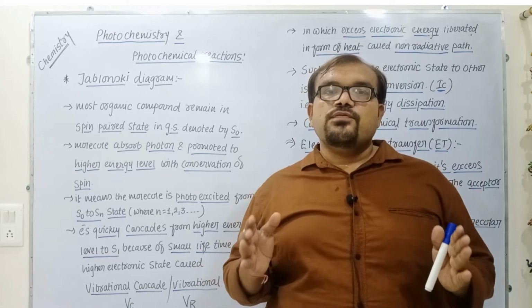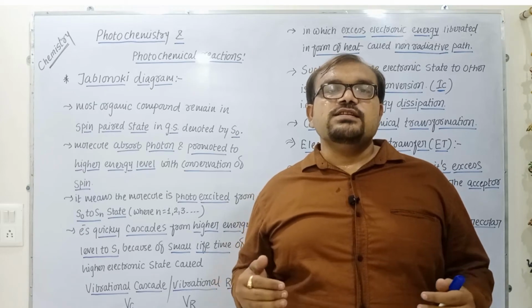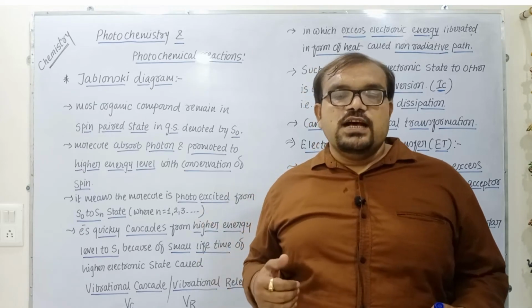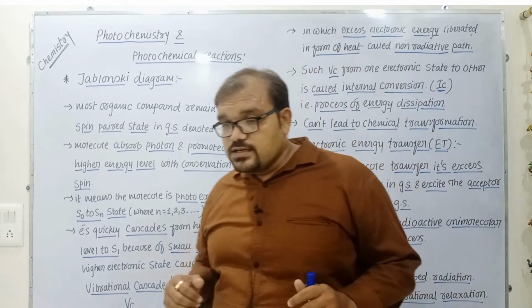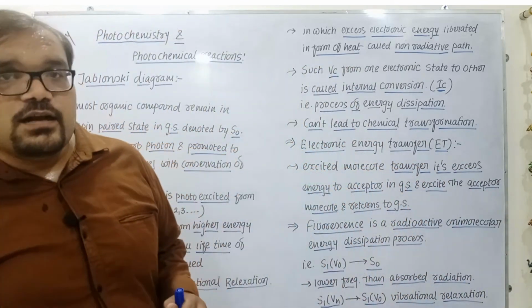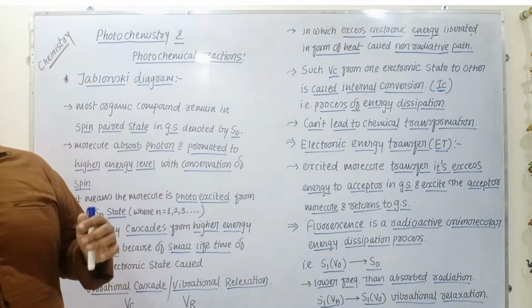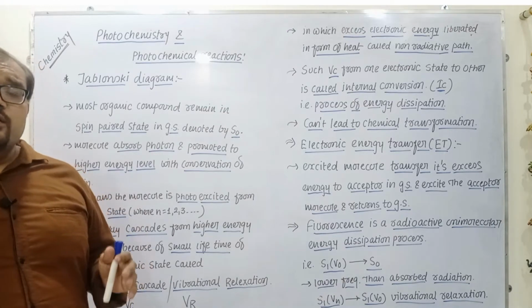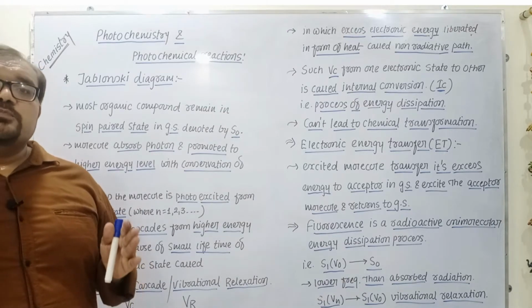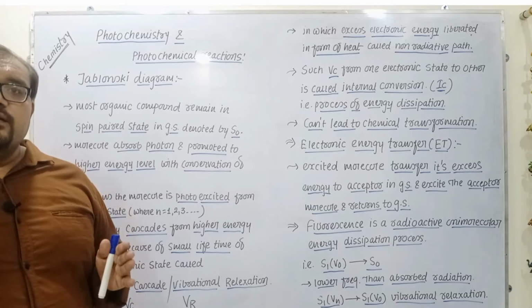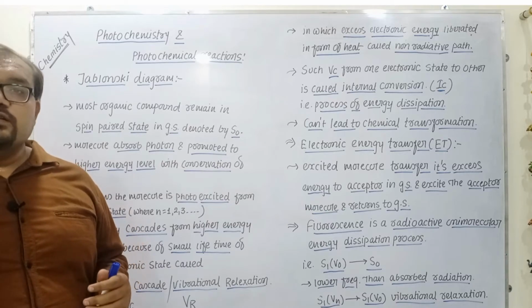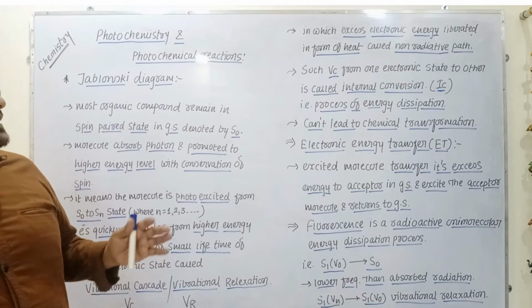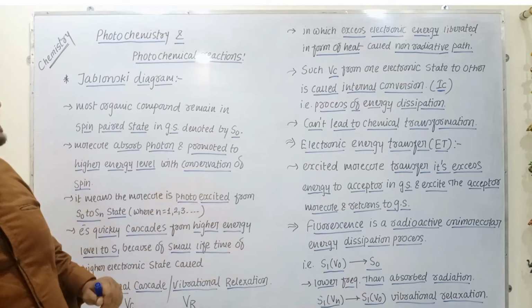So before photochemical reactions we will discuss the Jablonski diagram. When we discuss the Jablonski diagram, most organic molecules remain in a spin-paired state, in the ground state, which is denoted by S0, as we can see here.